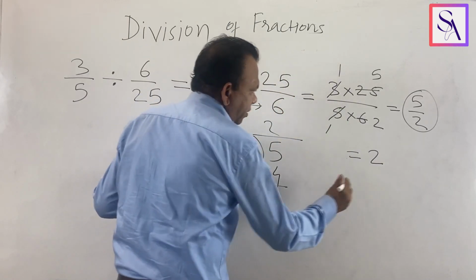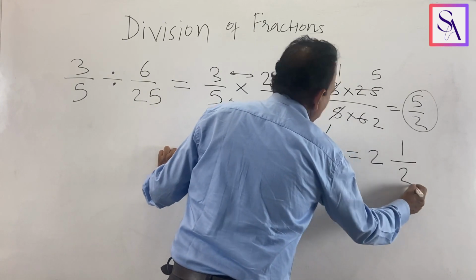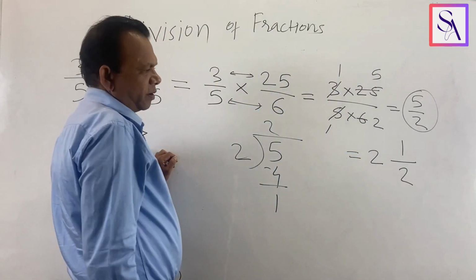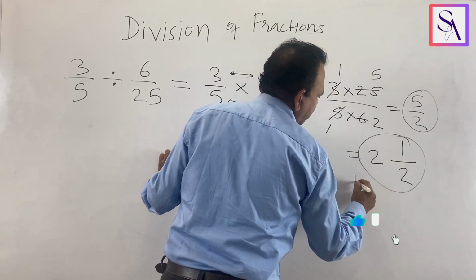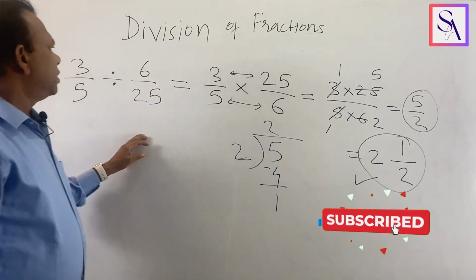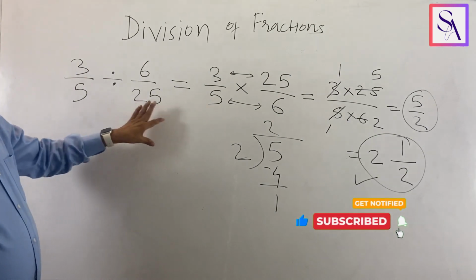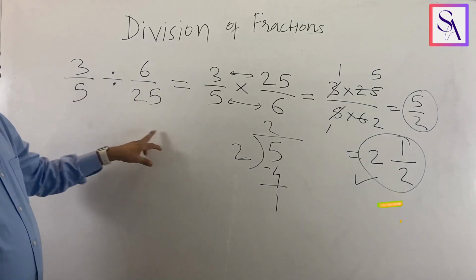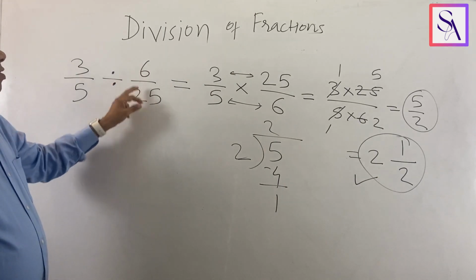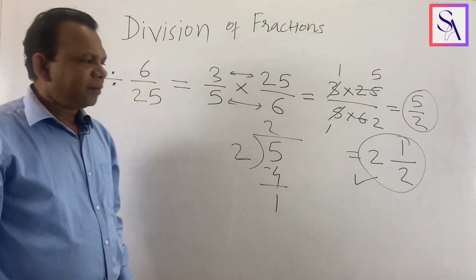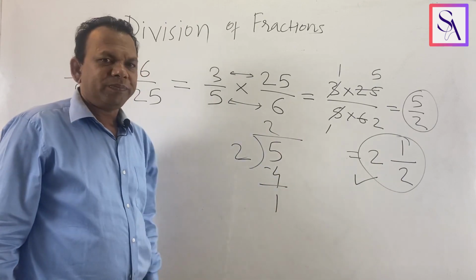Riding means remainder, 1 by 2. Donkey is divisor. 2 1 by 2 is the answer. Very simple. Just one step is there. You have to convert this division into multiplication by taking reciprocal of this number 6 by 25. Clear? Answer is 2 1 by 2.